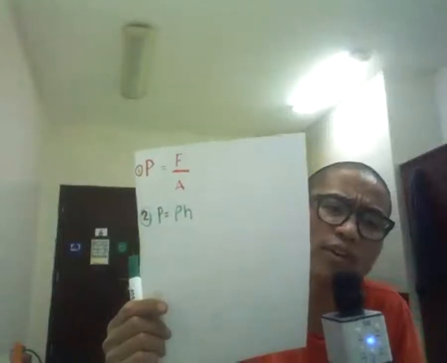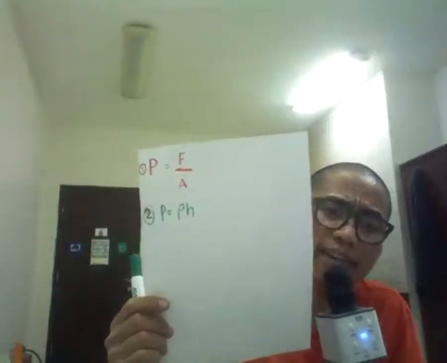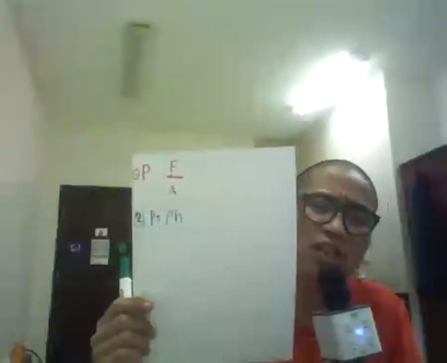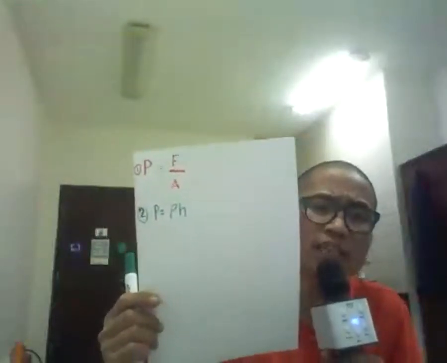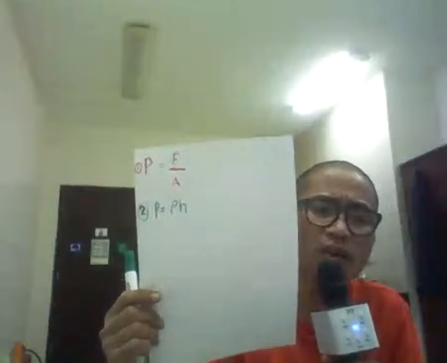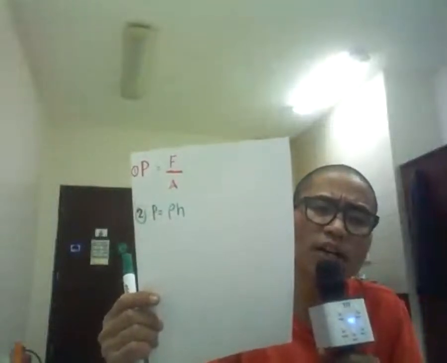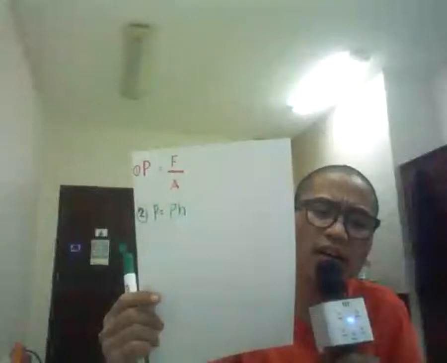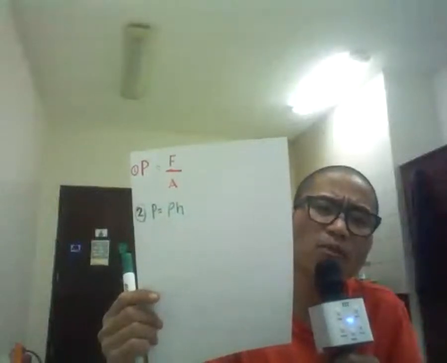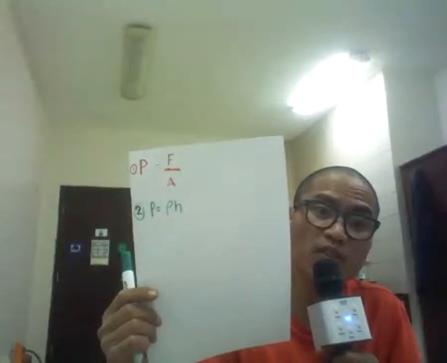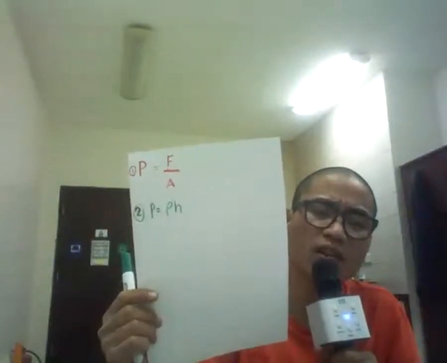This is in the case that you are given only the height and you can compute for the pressure, especially if water acts on it, because water at standard is always 1,000 kilogram per cubic meter density, or shall we say 1 gram per ml or 1 gram per cc, cubic centimeter. Okay, it's just the same values.